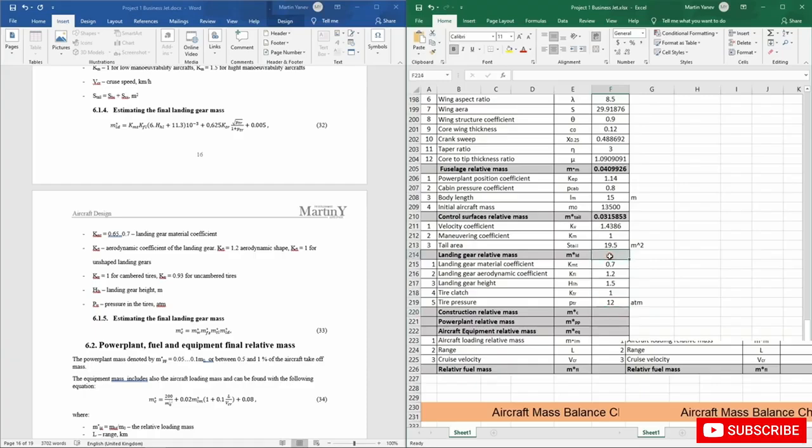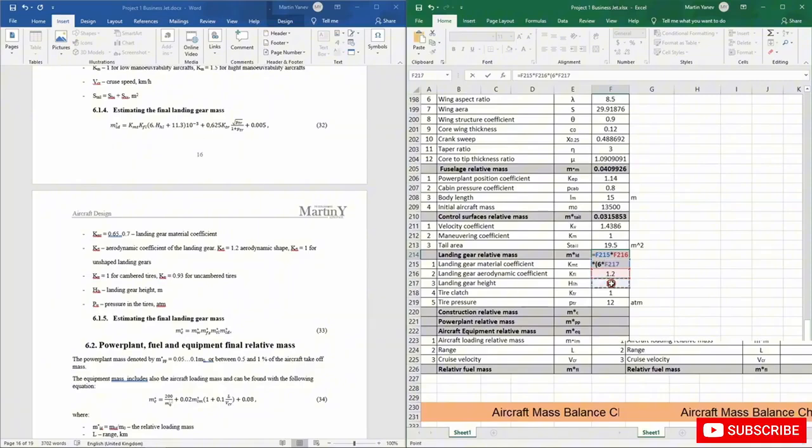So let's now write the equation for the landing gear relative mass, and this will be equal to kmt multiplied by kfl multiplied by bracket LH, and there I wrote it HL, it doesn't matter.